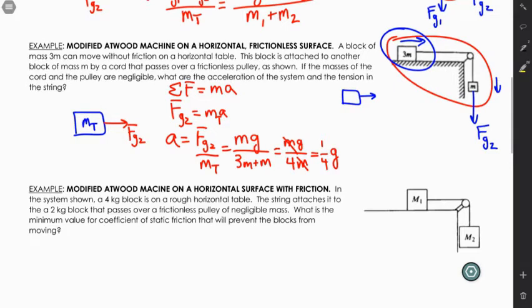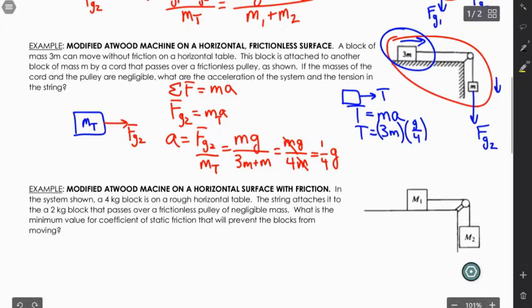Remember when we talked about surfaces, if it's frictionless, we don't worry about the vertical pieces, we only worry about the horizontal piece. And what force is that? Tension. So tension is going to be equal to m times a. What was the mass? 3m. What was our acceleration? 1/4 of gravity, or g over 4. So what is the tension equal? 3/4 mass times gravity.